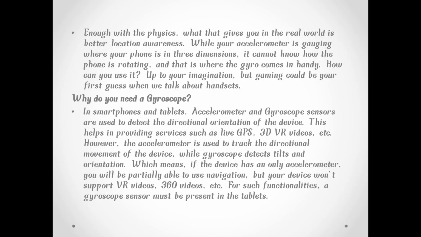This helps in providing services such as live GPS, 3D VR videos, etc. However, the accelerometer is used to track the directional momentum of the device, while the gyroscope detects tilt and orientation, which means if the device has only an accelerometer, you will be able to use navigation, but your device won't support VR videos, 360 videos, etc. For such functionalities, a gyroscope sensor must be present in the tablet.